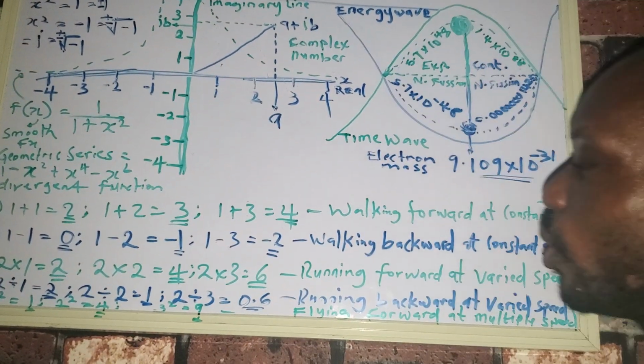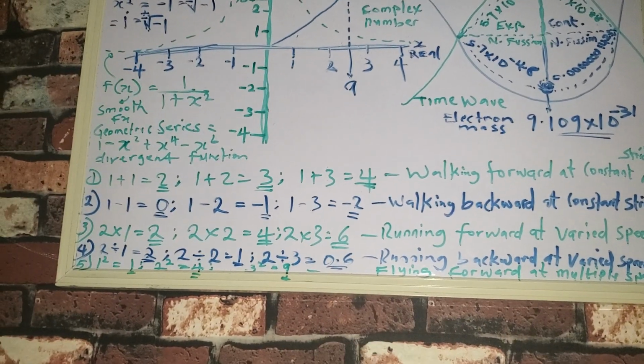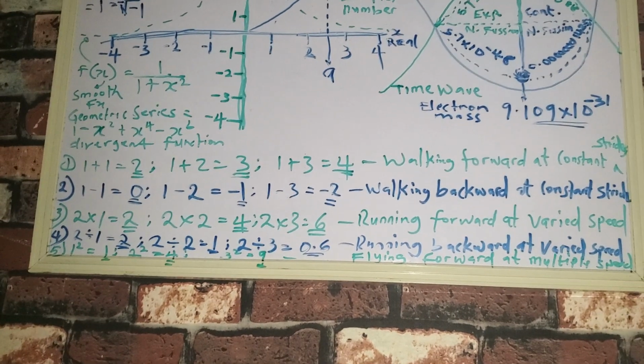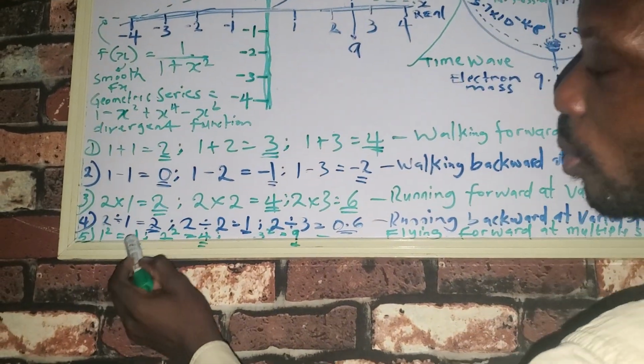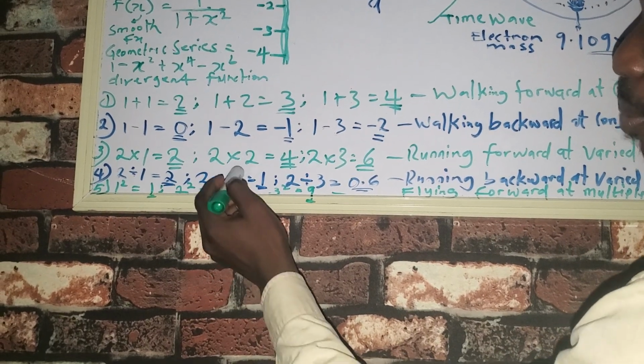Then the multiplication: we now get to the stage of running forward, and so we want to run backward as well. Then we now have 2 divided by 1, which is 2. Then 2 divided by 2 is 1.